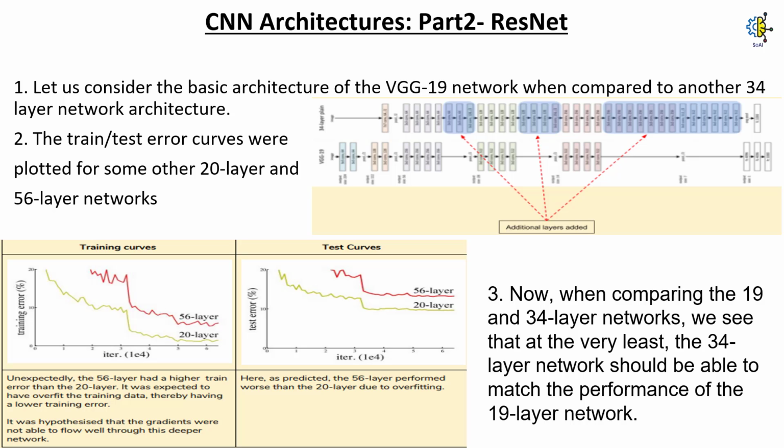ResNet. Let us consider the basic architecture of the VGG19 network. When compared to a 34-layer network architecture, the train and test error curves were plotted for some other 20-layer and 56-layer networks. Now, when comparing the 19 and 34-layer networks, we see that at the very least, the 34-layer network should be able to match the performance of the 19-layer network.